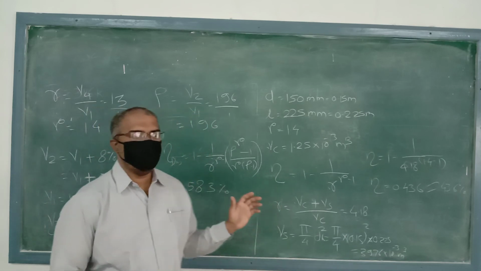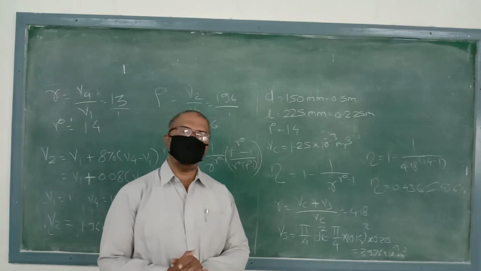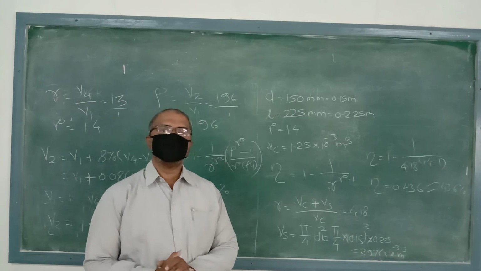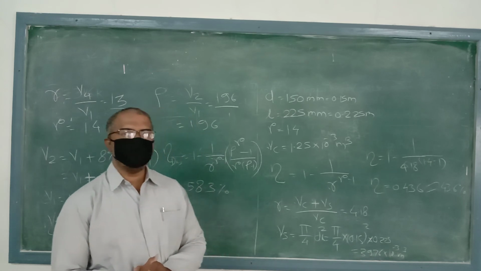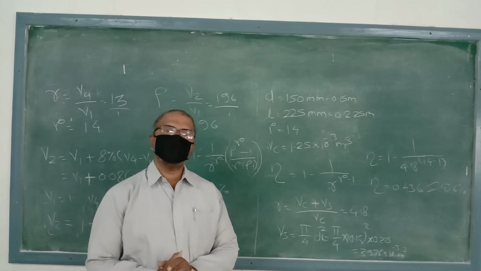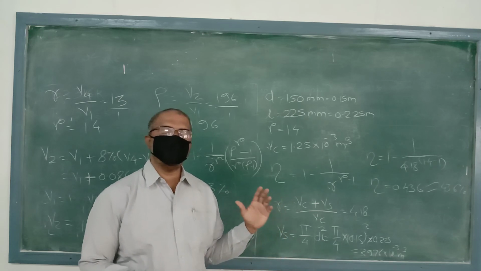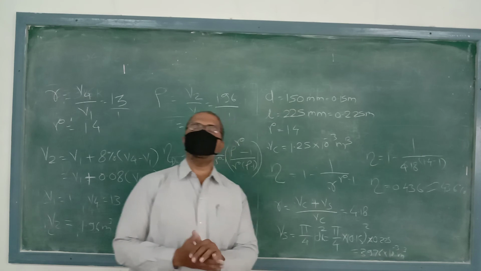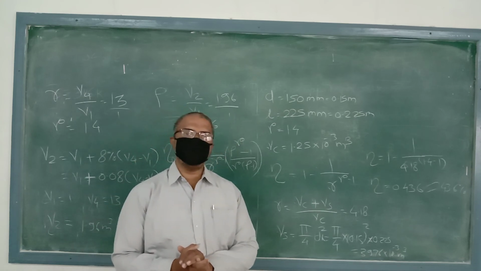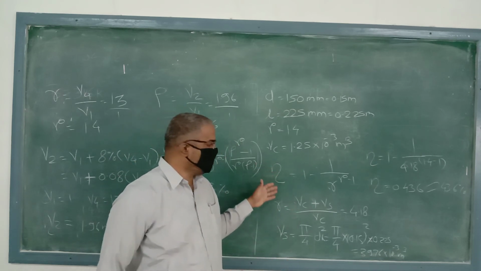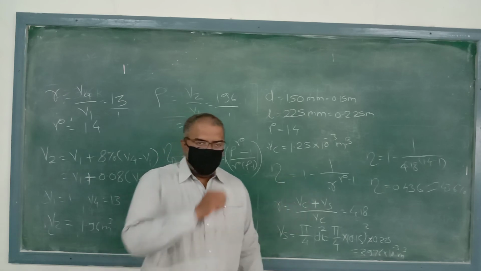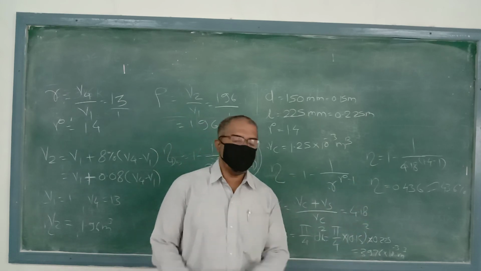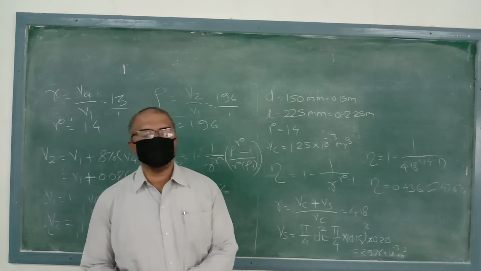In the second problem again we have to calculate efficiency of the Otto cycle. So in this problem they have not mentioned compression ratio, so we are using the values of clearance volume and the dimensions of the engine that they have given. So we are using those relations and we have found the efficiency of the Otto cycle.